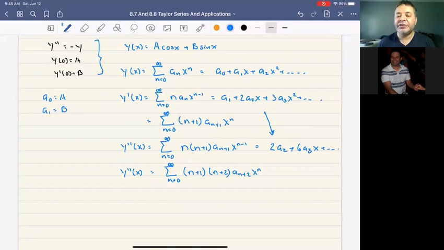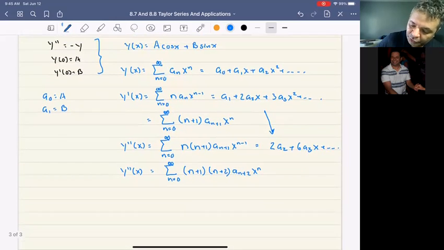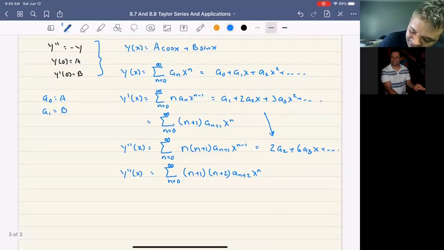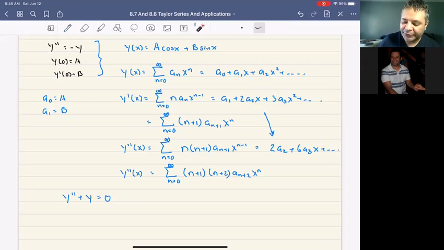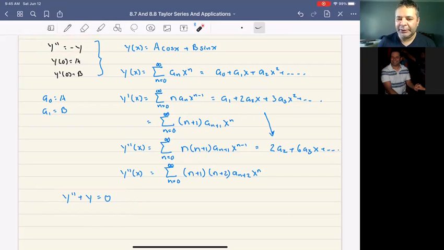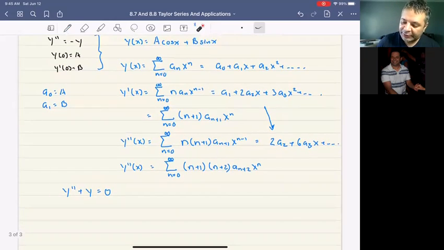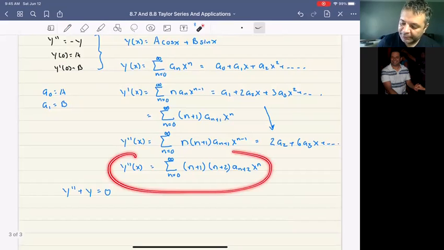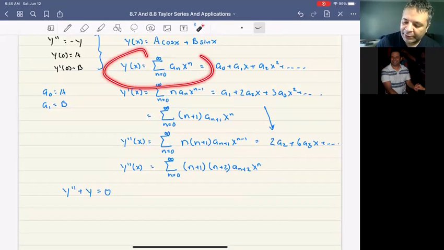Okay, so now let's go ahead and find the recursion relation, see what happens. Our differential equation is y double prime plus y equals 0. I'm just taking this equation and putting it on one side. Here's my y double prime, here's my y.